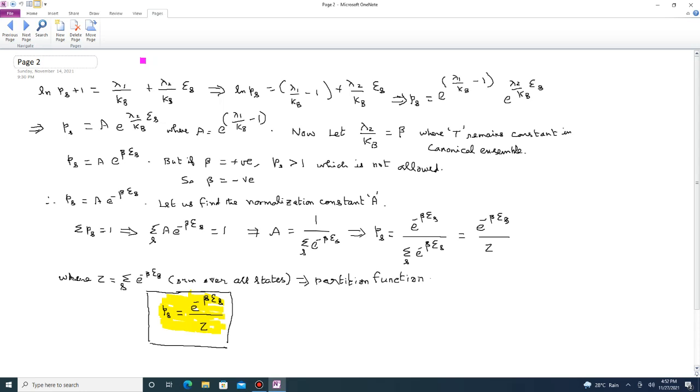So from this, log of p_s is equal to lambda 1 divided by k_B minus 1 plus lambda 2 divided by k_B e_s. So you will get this expression.